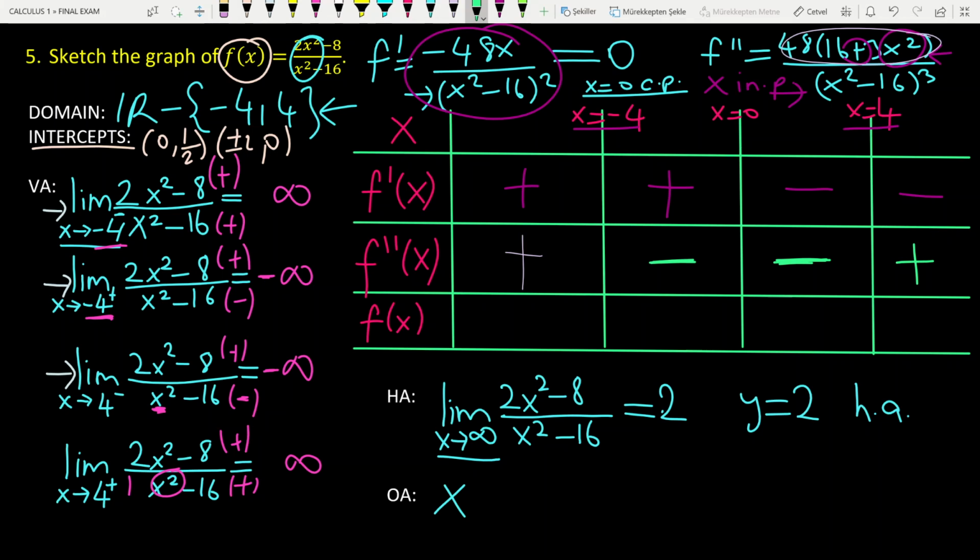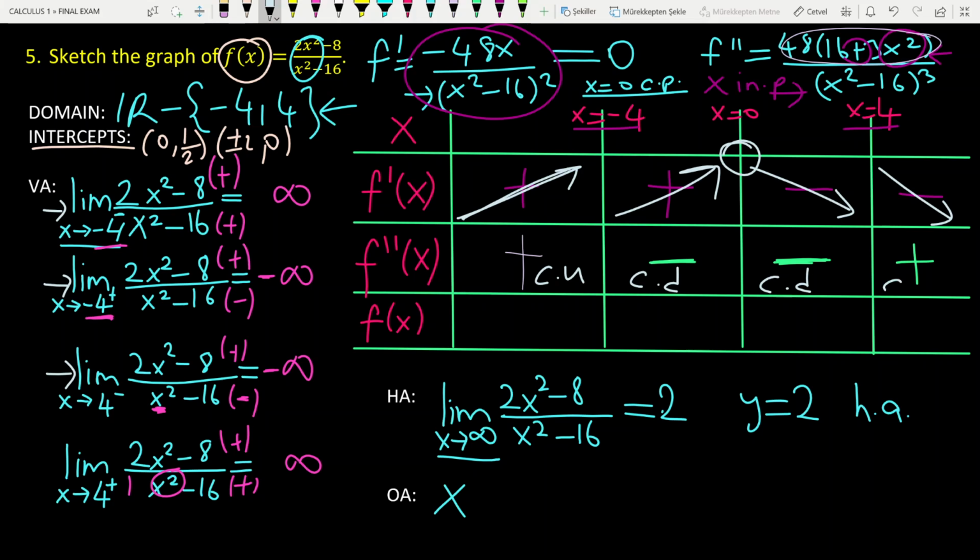Okay, so let's go back to the table, the first row. Since f prime is positive, the function increases, and where it is negative the function decreases. What is the local extrema? The only local extrema, the local maximum, is the point 0 here. What about the concavity of the function? Let me write this down also.